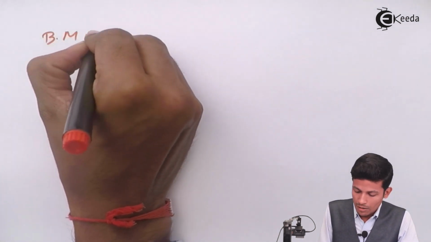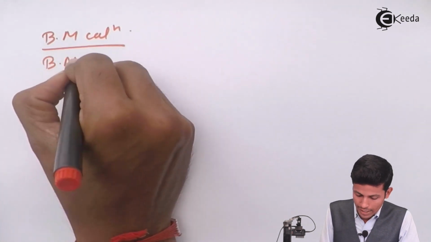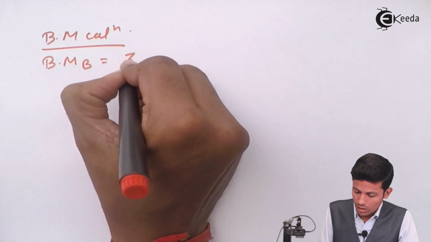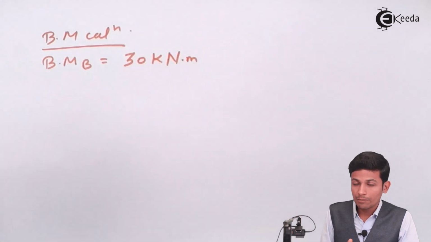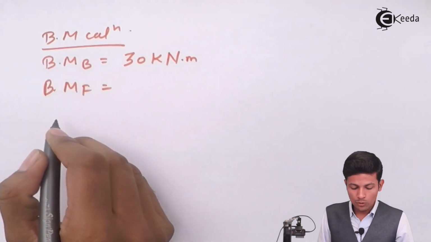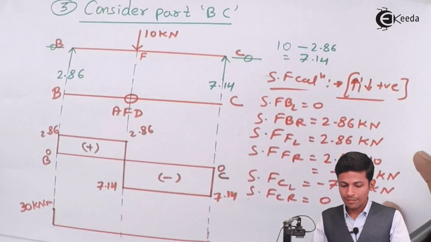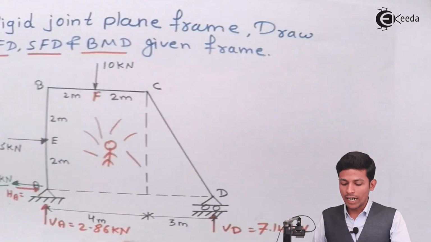Bending moment at B is equal to 30 kilonewton meter; we found it previously. Now how will you find the bending moment at F? We have to see the original diagram.